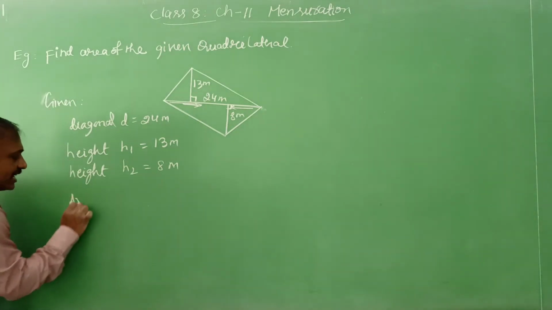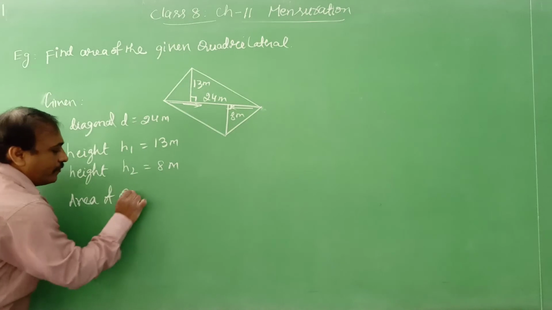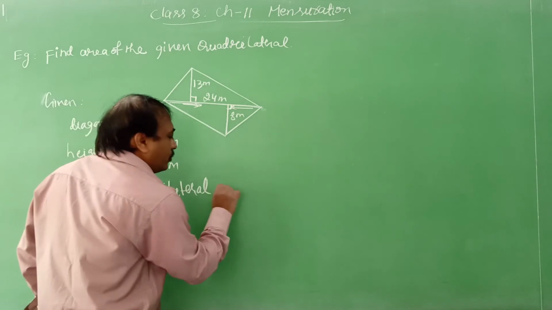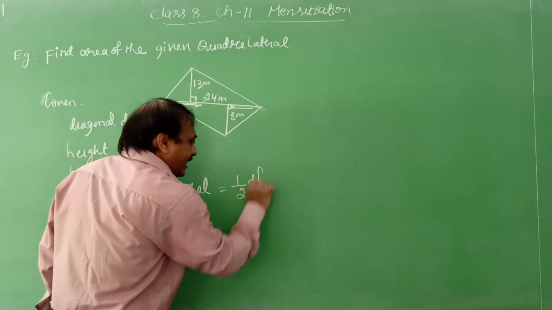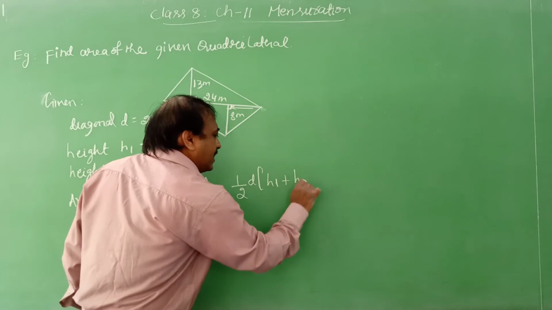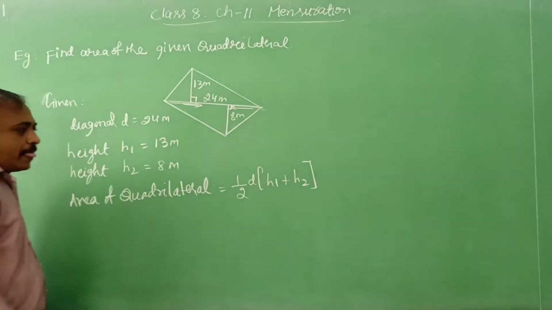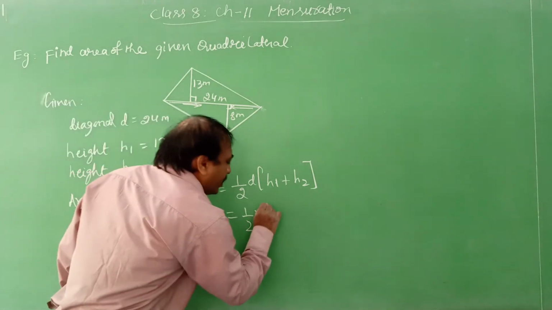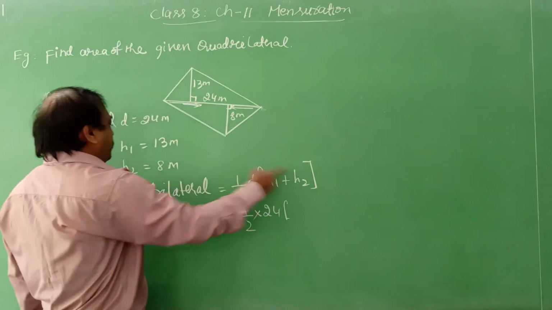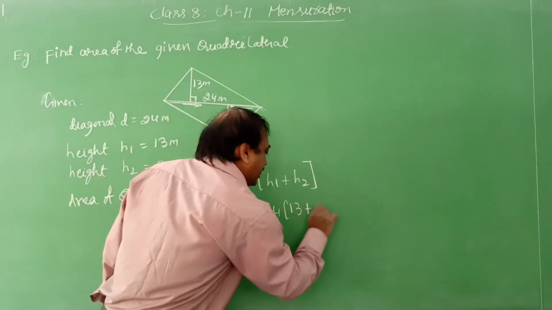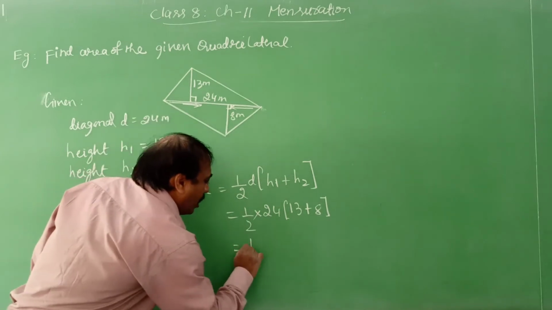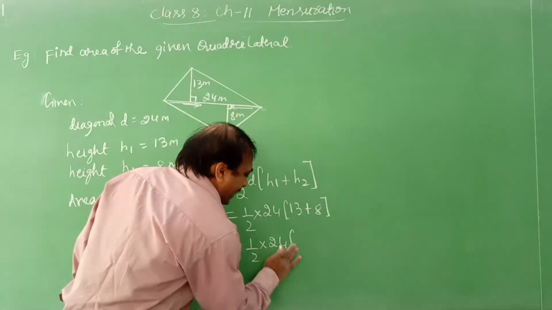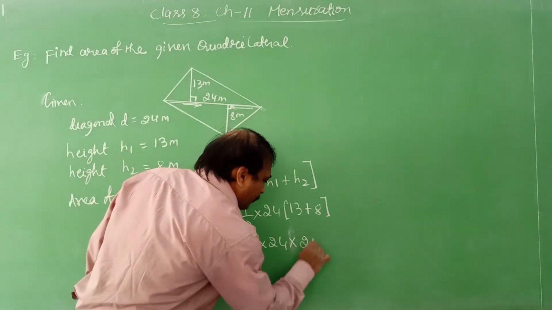So the area of the quadrilateral is equal to half into d into h1 plus h2, which is half into the diagonal length 24 into 13 plus 8. 13 plus 8 is 21.